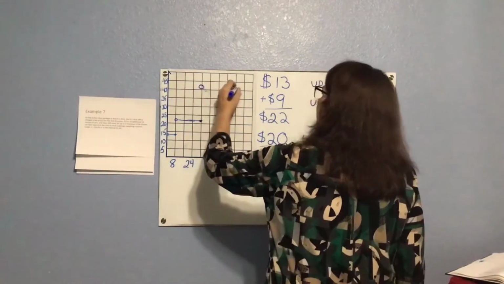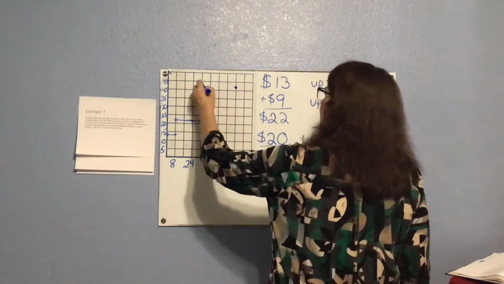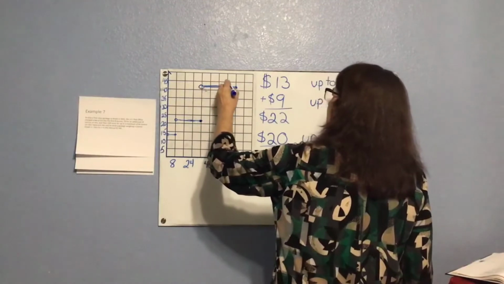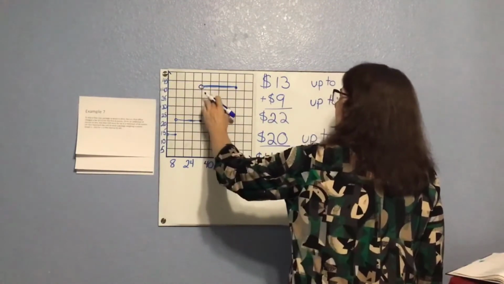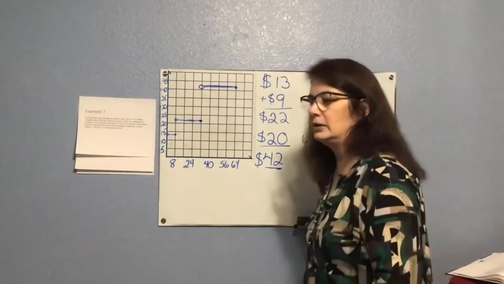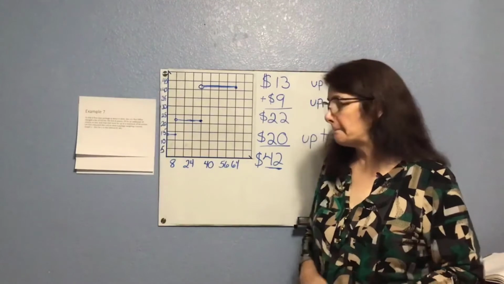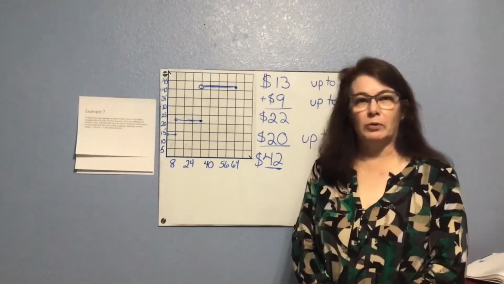Open circle here, closed circle here, and I would assume that if it's over 64, that probably some other rule is applied. But there's our step function for postage for packages sent to Brazil. Pause the video now and work on checkpoint 7.